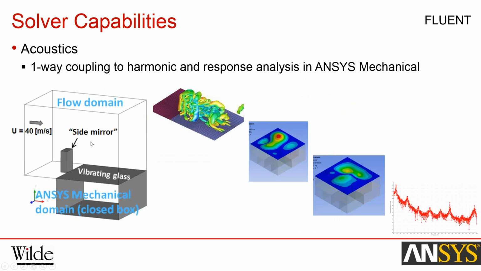So if you've run a transient analysis in Fluent and you've decomposed your transient pressure field and obtained a spectra for that pressure field on the vibrating glass, on the wall structure basically, you can import that pressure spectra into ANSYS Mechanical as a CGNS file, and then look at the response at those frequencies, across that spectra in ANSYS Mechanical.